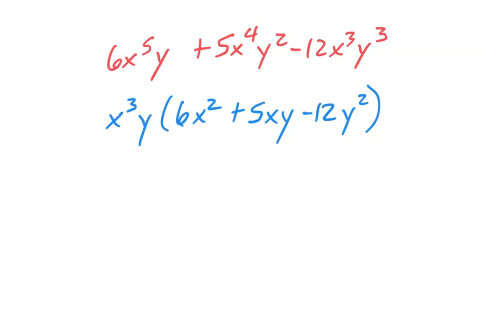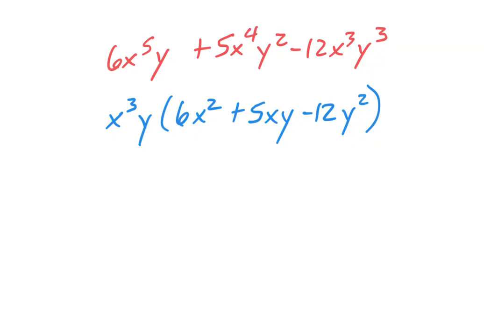6 times negative 12 is negative 72. My sum is 5. Is there anything that multiplies to get negative 72 and adds to get 5? And the good thing is there's not. So we can't do any of those. And that's where you would make your chart. Try all the things that go into 72. There's a lot of things that go into 72.